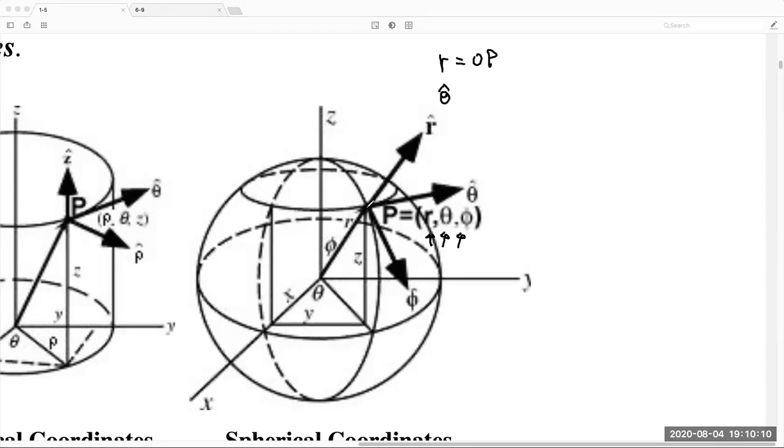The point P projects vertically onto the XY plane to form a point P pi. This is the origin. Then theta is defined as the angle between the x-axis and the vector OP pi.